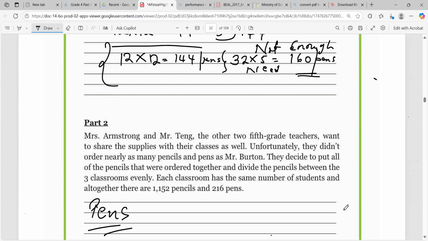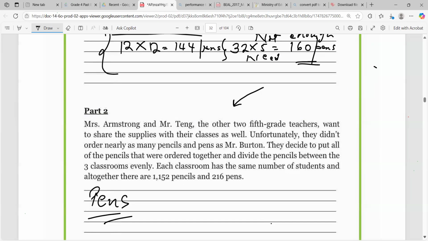to bring those pens? So everyone should have all of this information up here. All of this you should have, right? So we can go down and do the task. So if you don't have it, write down that 1,152 pencils and 216 pens, because remember, it's two things you're dealing with: the number of pencils, the number of pens.